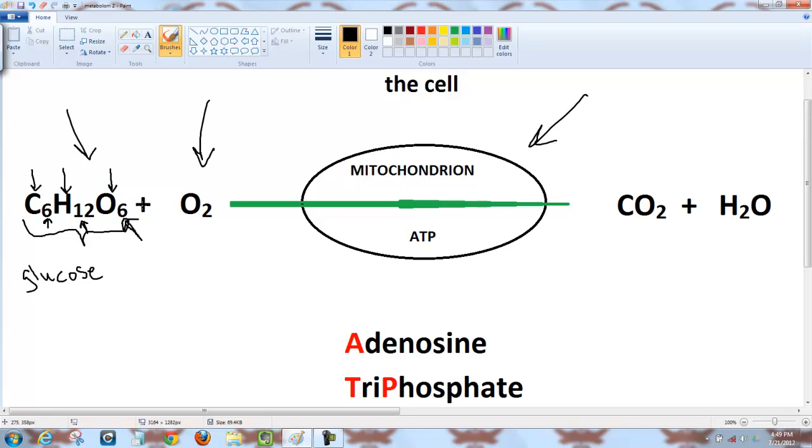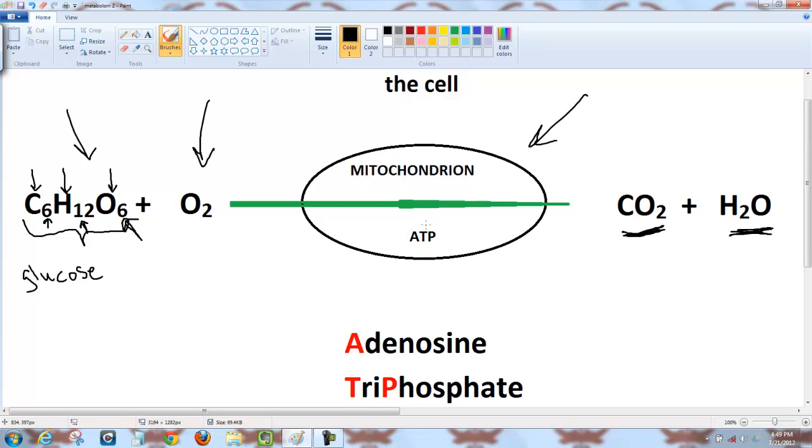That forms glucose. So that with oxygen going into the cell will yield, like we talked about in the last lecture, carbon dioxide and H2O, which is water.